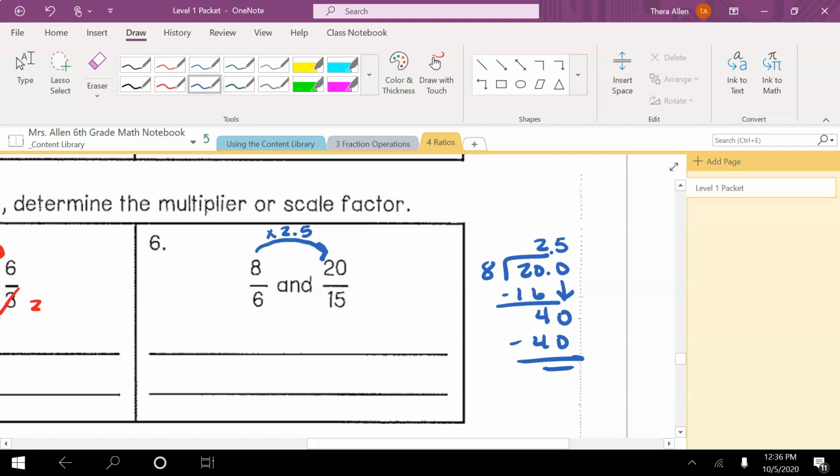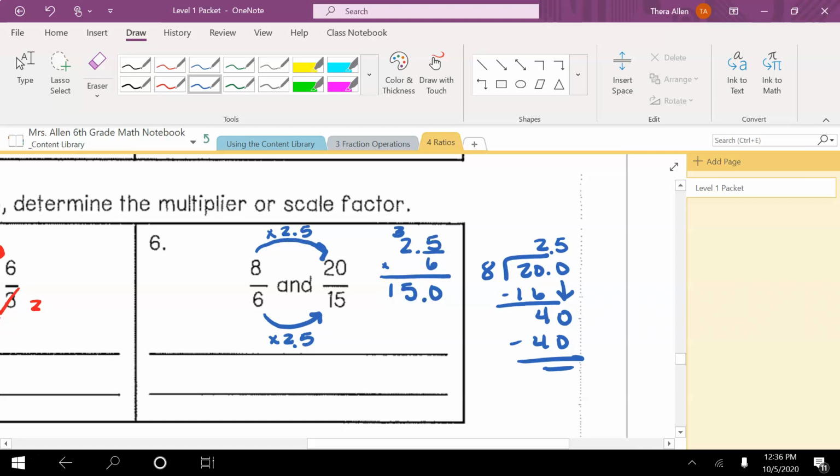All right. Now I need to go, okay, well, 6 times 2.5, oops, sorry. 6 times 2.5, does that give me 15? Well, let's find out. I'm going to put 2.5 on top and multiply by 6. That gives me 30. And then 6 times 2 is 12, plus 3 is 15, and 1 place for my decimal.